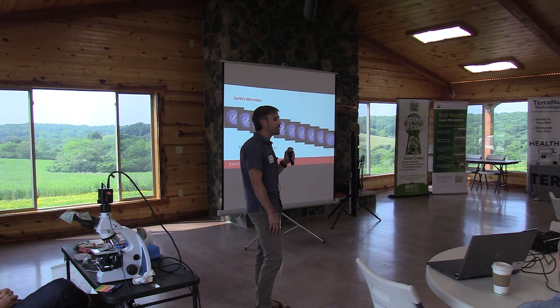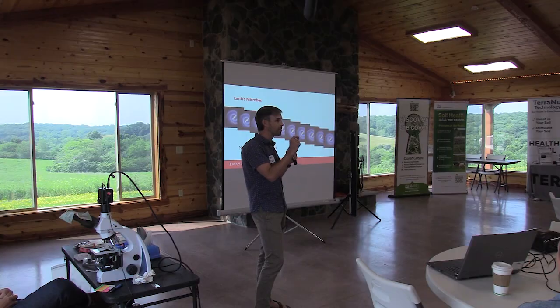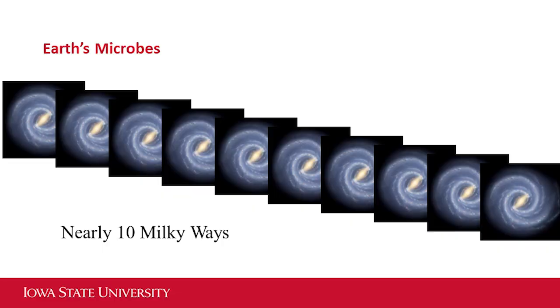That's 10 Milky Ways. If one star represents a microbe, it takes 10 Milky Way galaxies to represent all the microbes on Earth. And we know maybe about 2 to 3% of those. So there's a huge realm of stuff we don't know that we still have to learn. And that means there's a lot of potential developments that could help us have more sustainable farms and better crop health.